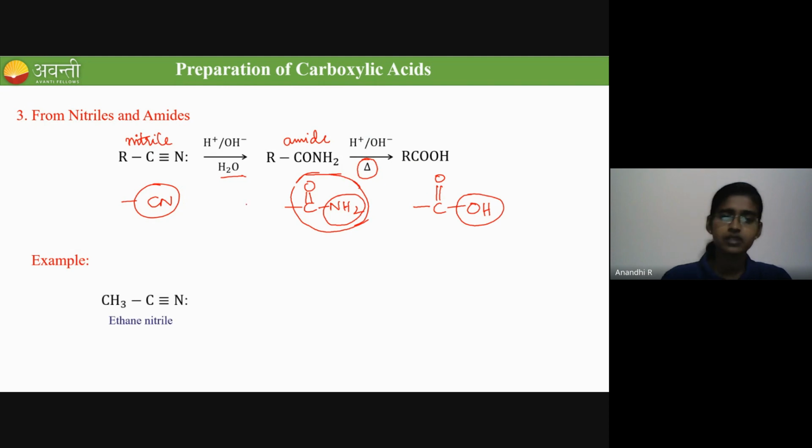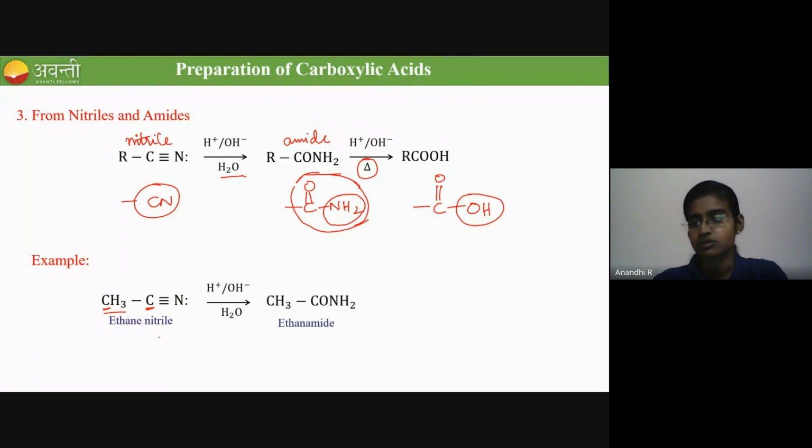I have taken ethane nitrile as an example, where the R group is the CH3 group. Since we have 2 carbons in the system, it is called ethane nitrile. This ethane nitrile on acidic or basic hydrolysis forms CH3CONH2, which is called ethane amide, as it contains 2 carbons.